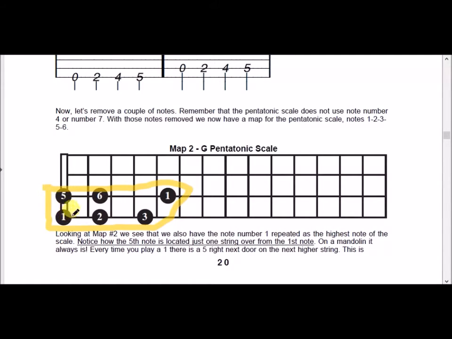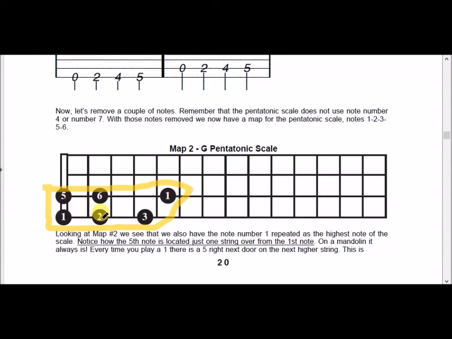And we also know that a number 2 note always follows a number 1 note in a pentatonic scale by 2 frets. So we go up the first fret to the second fret, and here is the number 2 note. And notice the pattern. A 6th note is always 1 string over from the number 2 note.